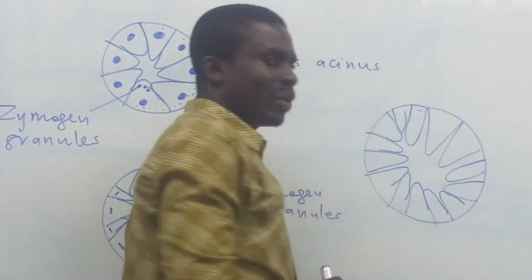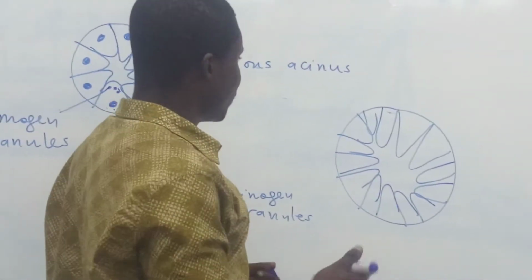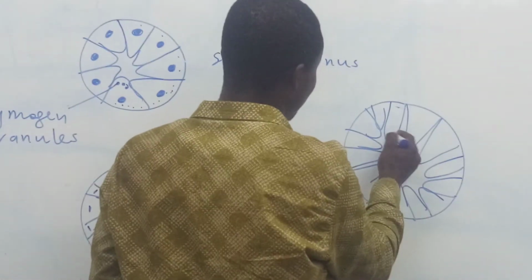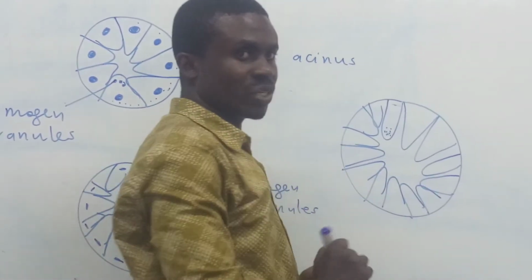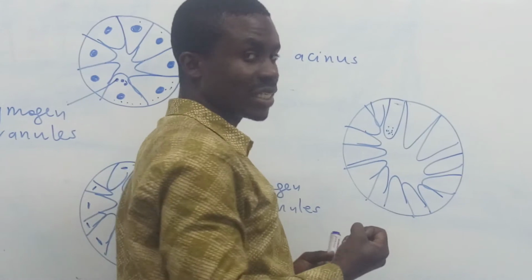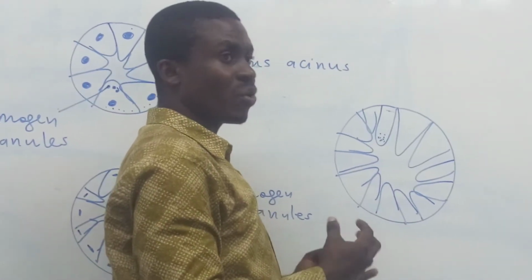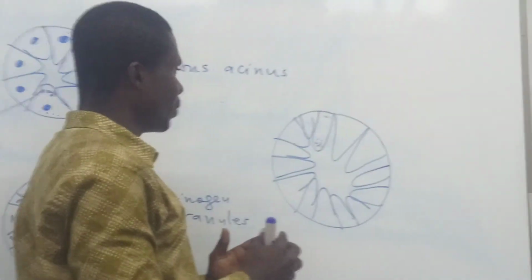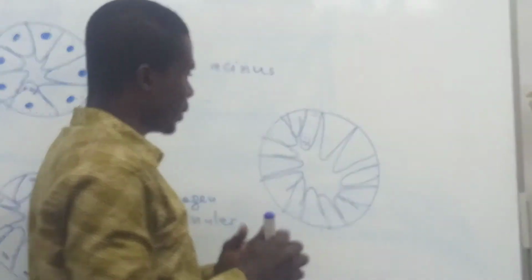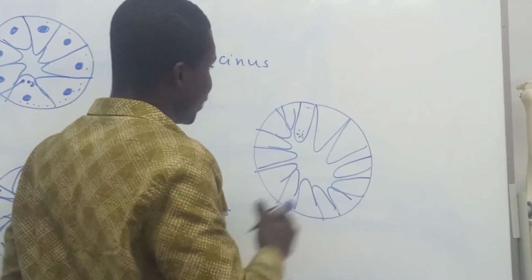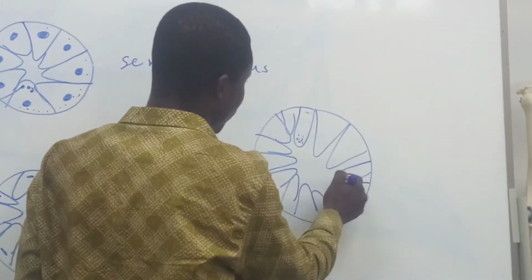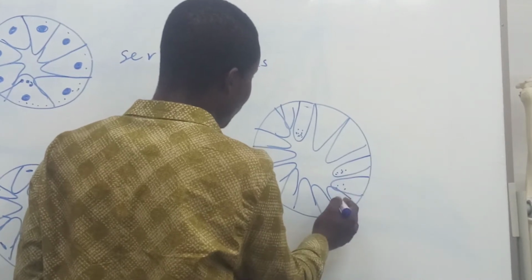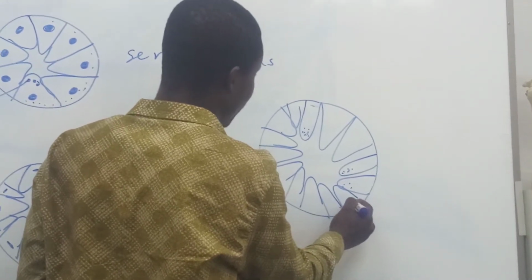Now, during tissue preparation, these columnar shaped cells have zymogen granules, which are filled with mucinous substances. Therefore, they attract water, because mucus is formed from water plus mucin. So they are highly attracted to water.